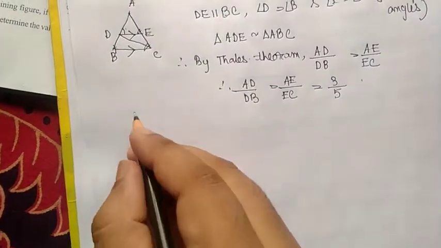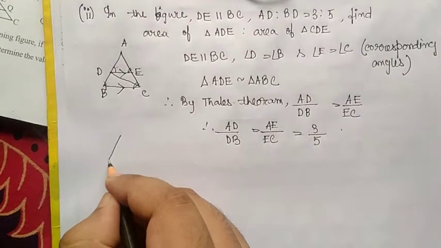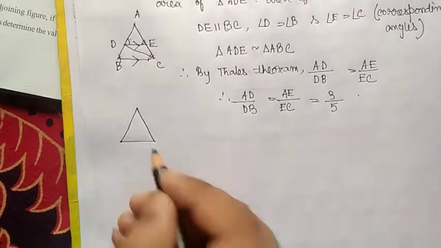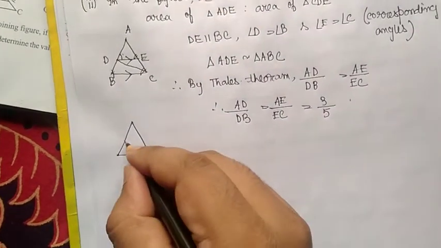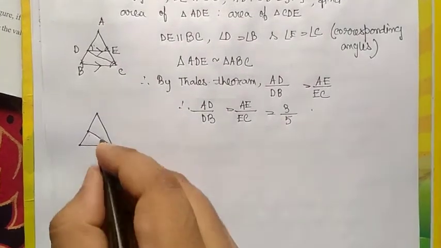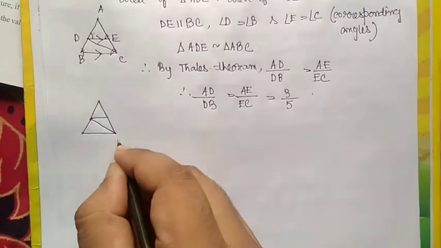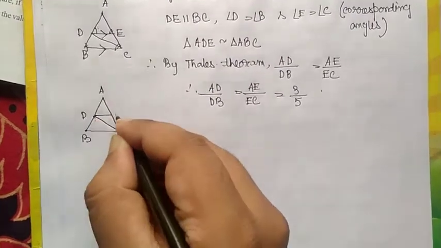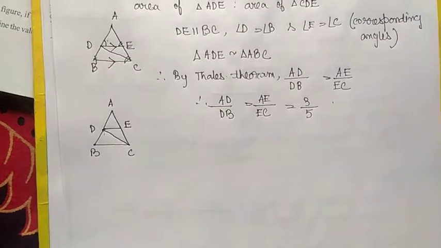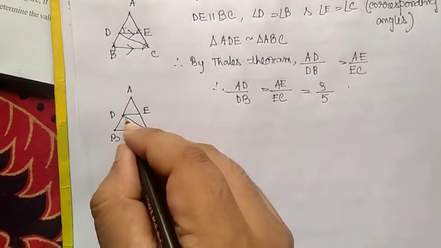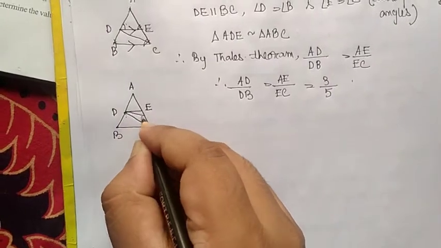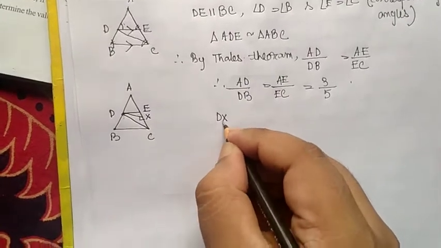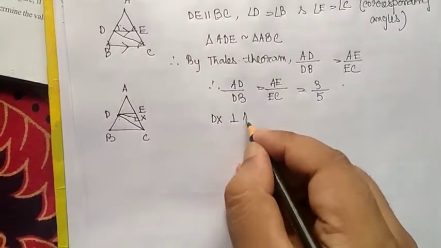Now the diagram should be like this one: this is C, this is B, this is A, this is D, this is E. Now we have to draw a perpendicular DX, so DX is perpendicular to AC.